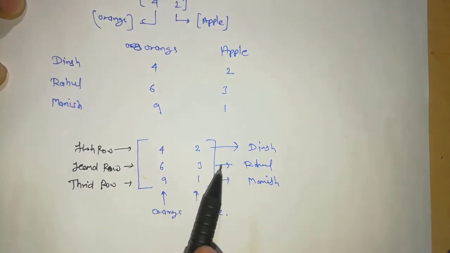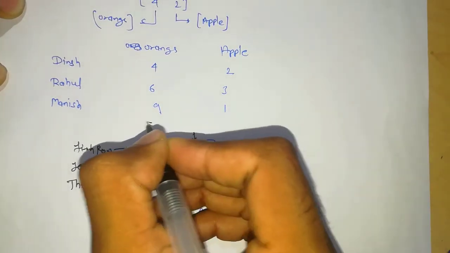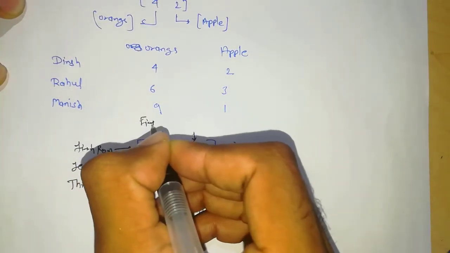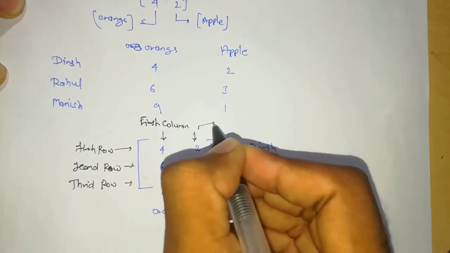Horizontal elements are called rows and vertical ones are columns. This is the first column and this one is the second column.